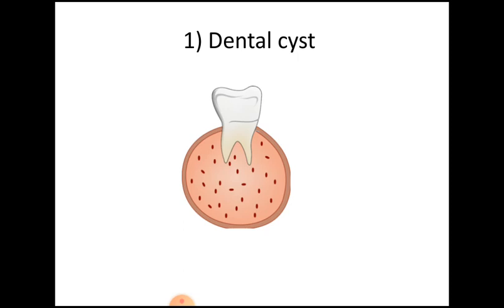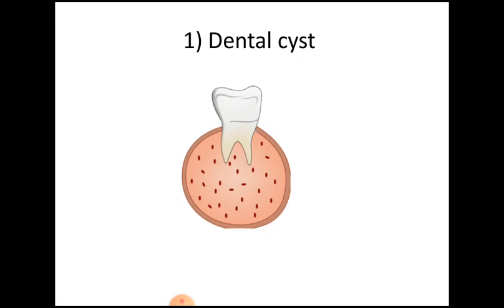So, dental cyst is due to chronic irritation by infected tooth. It's a unilocular cyst expanding inside the mouth and outside the mouth, lined by squamous epithelium, has a mucoid fluid rich in cholesterol. It's common in the adult life due to common caries in the adult life.